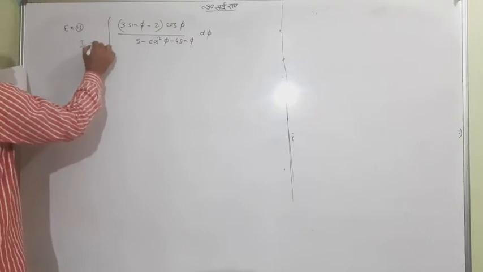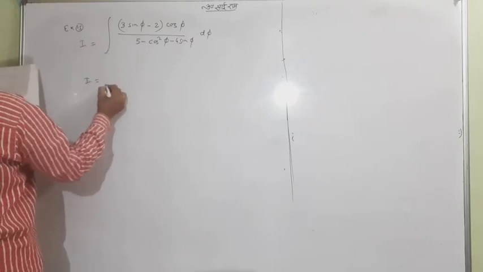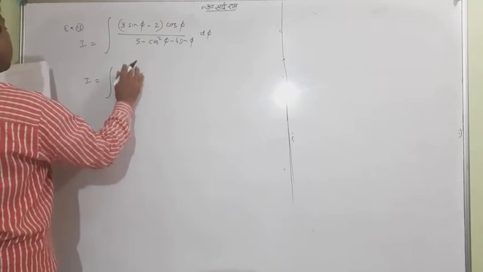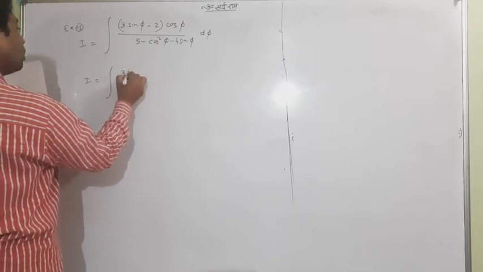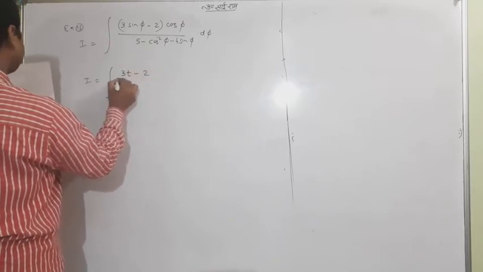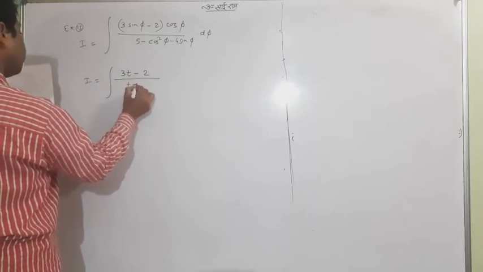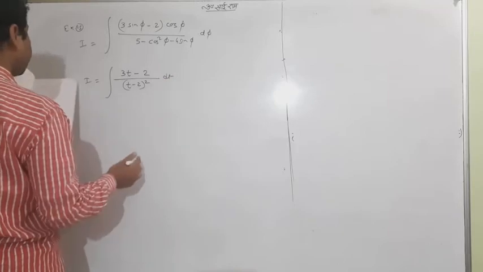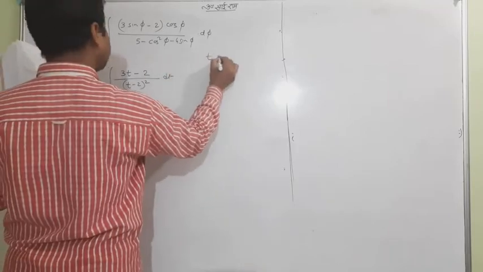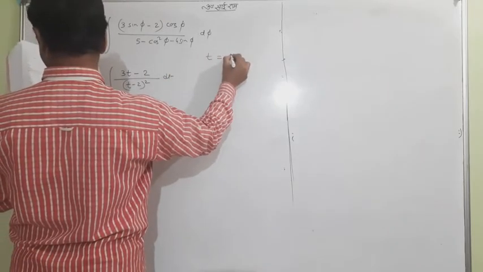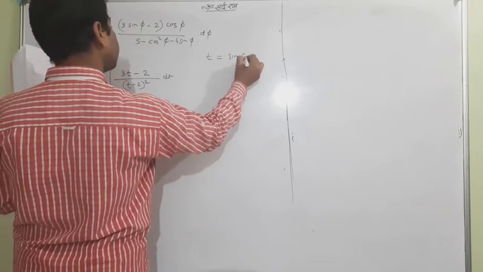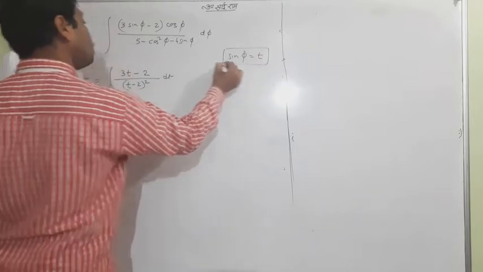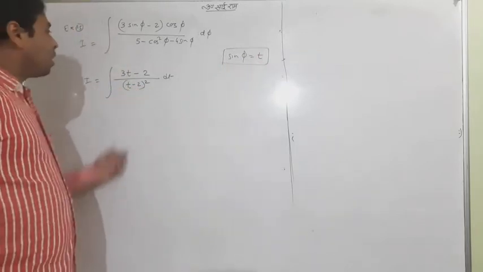After doing all the procedure, we came to the integral of (3t minus 2) upon (t minus 2) whole square dt, and we assumed t is equal to sine phi. So this was the term we got yesterday.